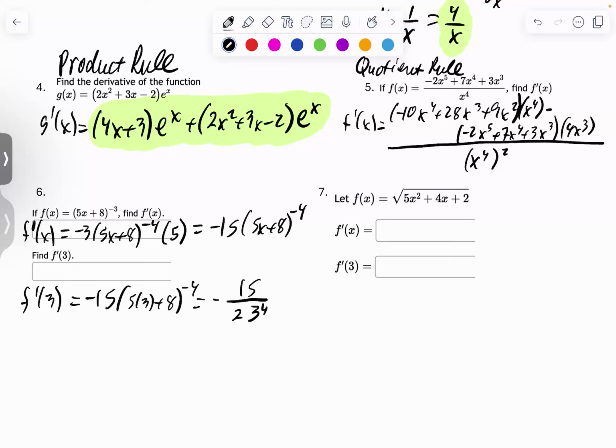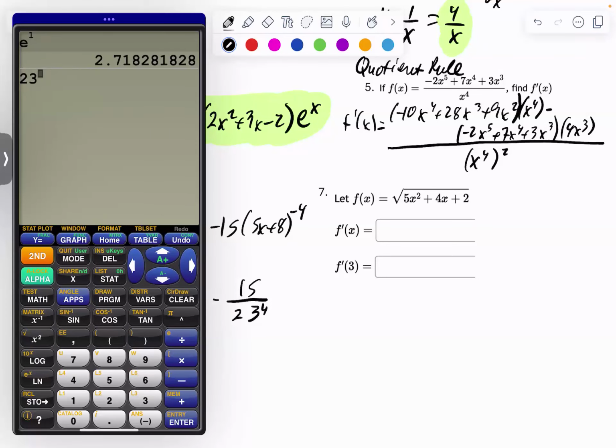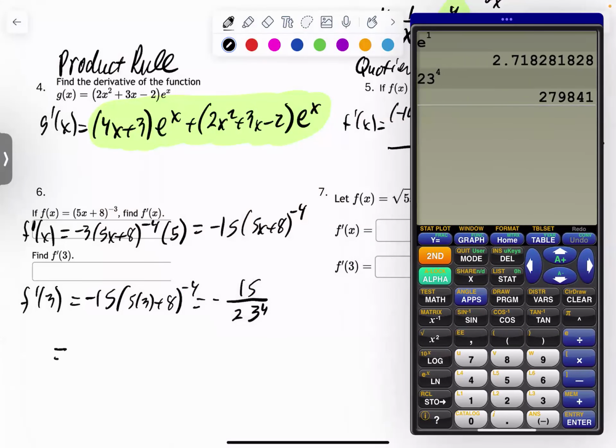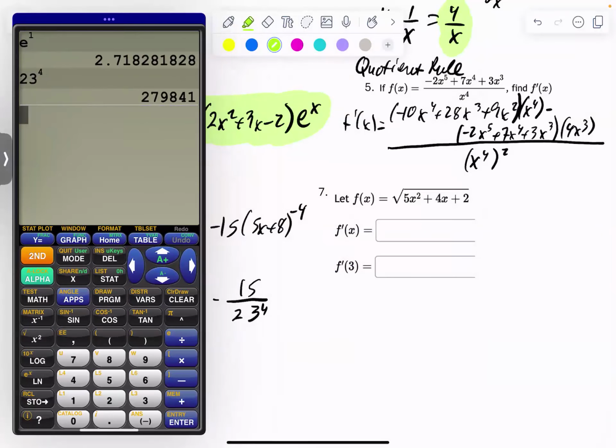And I don't know what 23 to the fourth power is. That's a big number. So this becomes negative 15 over 279,841. That is a hideous answer, but it's just some number is all we need to worry about.